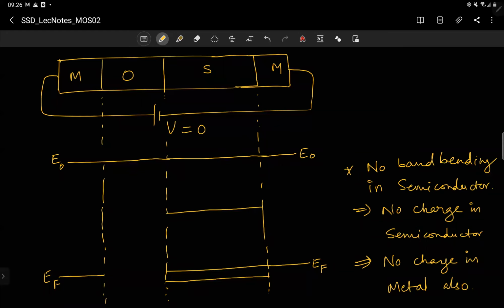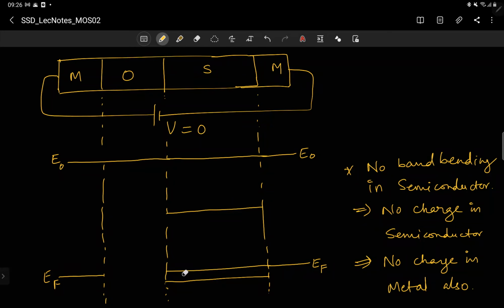Which means what? The left is the same metal as the right, so their Fermi levels should align if you don't have this V at all. But if you have some positive or negative V, then the Fermi level difference between the left side metal and the right side metal will be Q times V. But now that V equals 0 and it is the same metal, the Fermi level on the left side metal should align with the Fermi level on the right side metal.